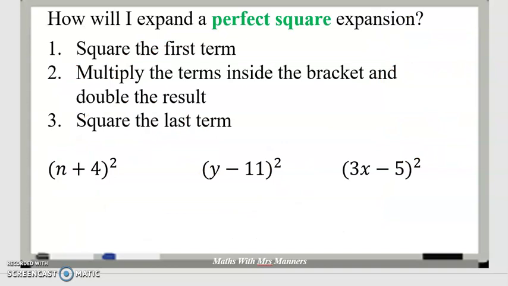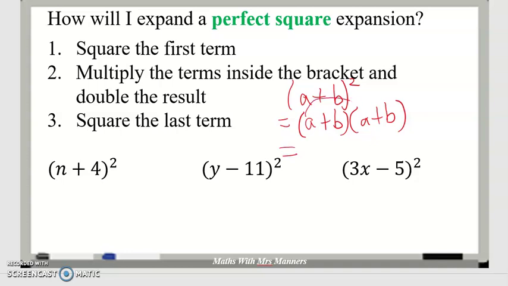Sometimes you will see it written as a rule where it says, well, if the perfect square expansion looks like this, then we can square the first term. Now, remember what I said before. Let's do it the long way. If I have a plus b all squared, that's going to be a plus b, and then another a plus b multiplied together.